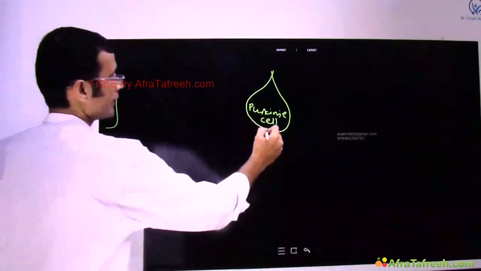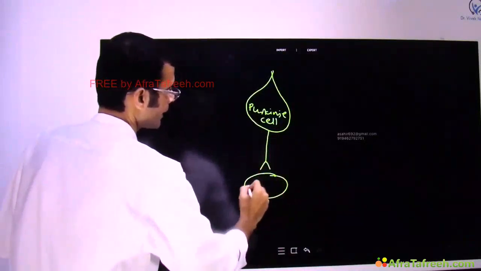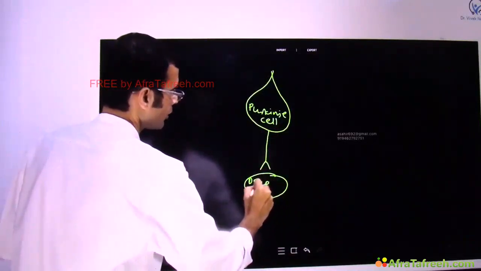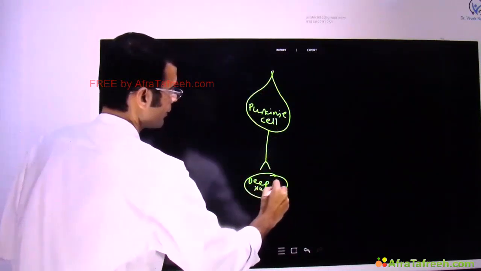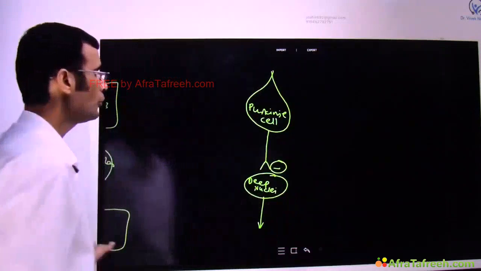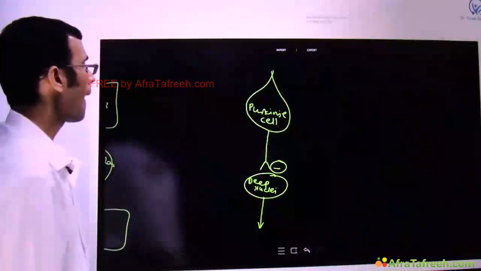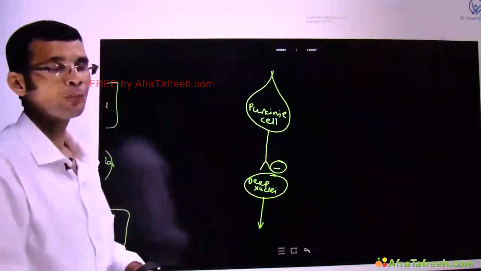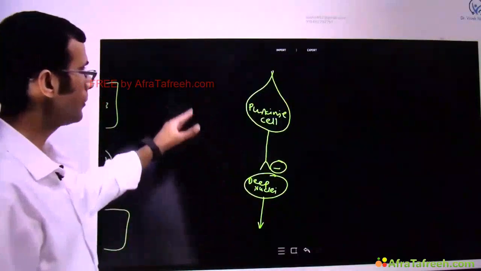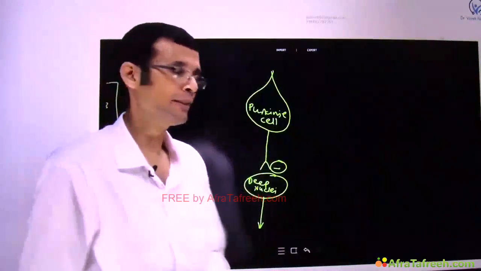The Purkinje cell, which exerts an inhibitory influence on the deep nuclear cell, and deep nucleus is sending output which goes to various parts. We have already seen that, and deep nuclear output is under inhibitory control of the Purkinje cell. This is the central part of the circuit, main part of the circuit.